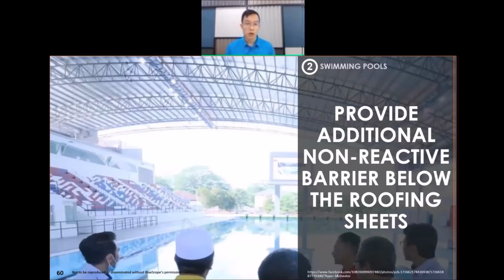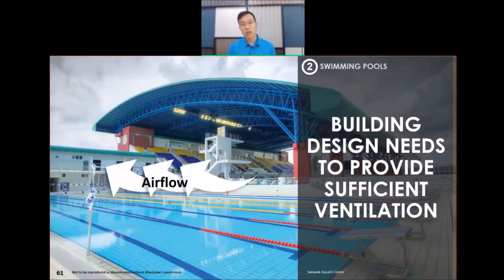Okay. So another, more effective or more obvious way, is to have the building designed to provide sufficient ventilation. I'm not talking about just HVAC. With HVAC, sometimes you need to consider whether the chloramine will be recirculated, like I mentioned earlier. But another way is to look at some of our aquatic centers.